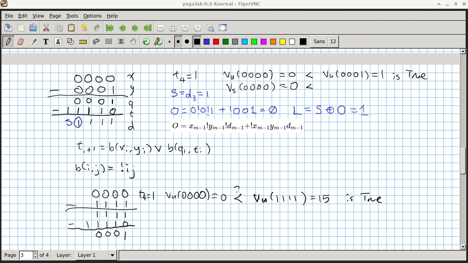And what about 1? The signed value of 0, 0, 0, 1 is still just 1, because in this case we have 1 of 1 plus none of 2 plus none of 4 minus none of 8. That's still just 1. So in this case, we now say, well, that is true too.